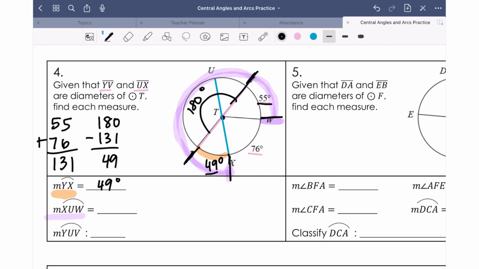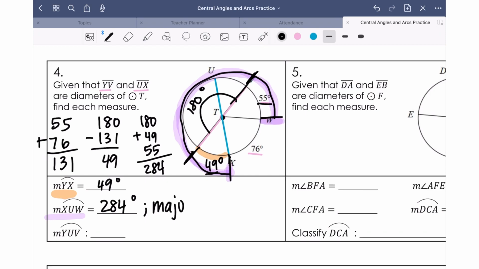So 180 plus 49 plus 55. That should give us the arc from X all the way to W. And that is going to be 284. So 284 degrees. And this is a major arc.